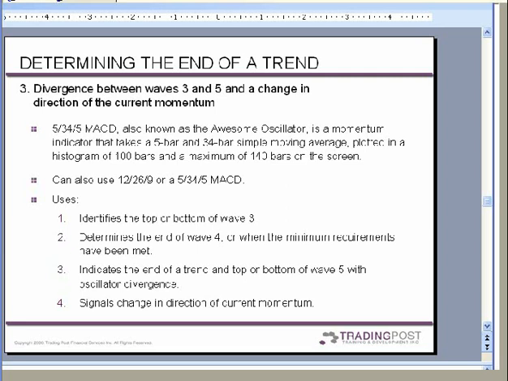Let me put up a chart to illustrate this point. This is the euro.